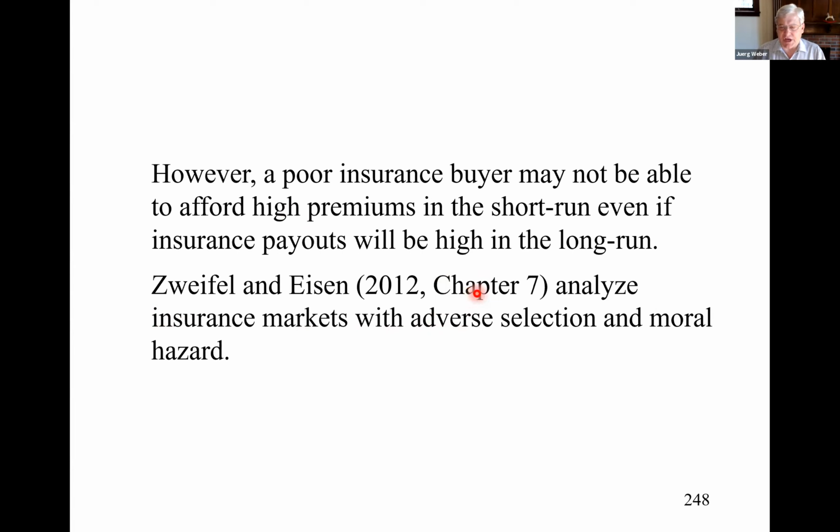Those models in chapter 7 are more important for regulators, for government agencies that regulate the insurance market and want to do it in an efficient way. They have to think about moral hazard, adverse selection, will the insurance market collapse? How should they regulate the insurance market? So if you work for a supervisory agency of insurance markets for the government, then this chapter may be important for you. But it may be not so important when you simply work in the insurance market.